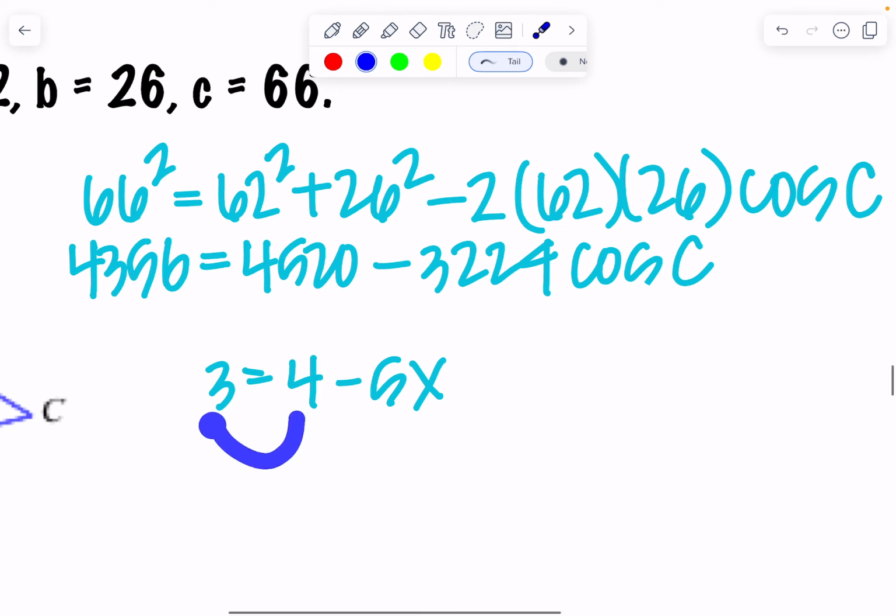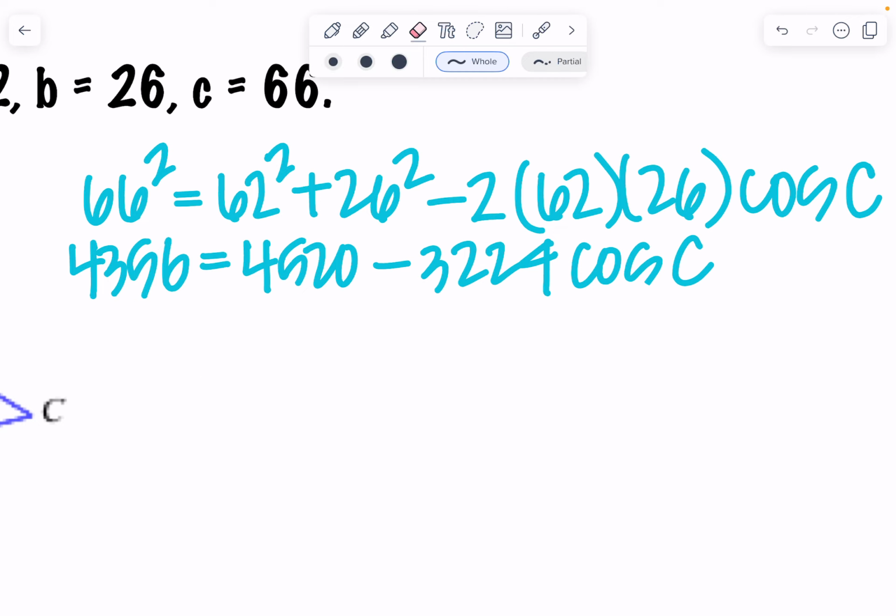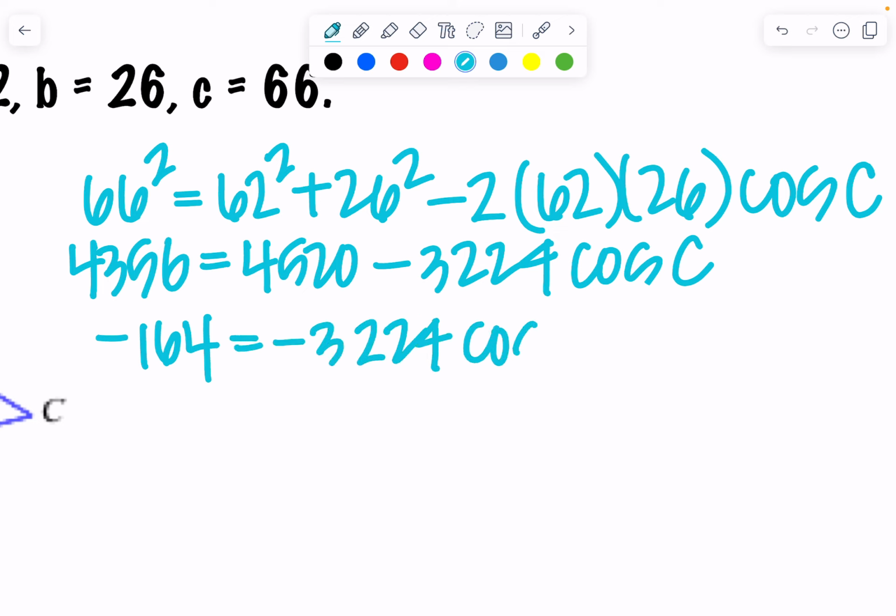You would bring over the 4 first, and then you would divide by the negative 5. So same idea here. We're going to subtract this number first. Okay, so subtract 4520. So we're going to get minus 164 equals negative 3224 cosine C.